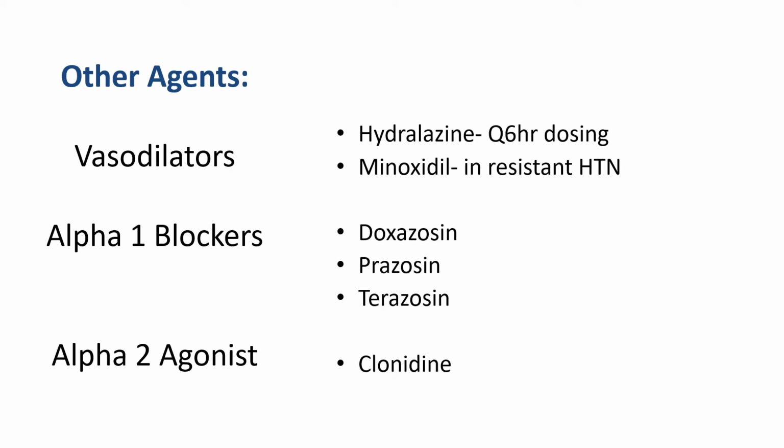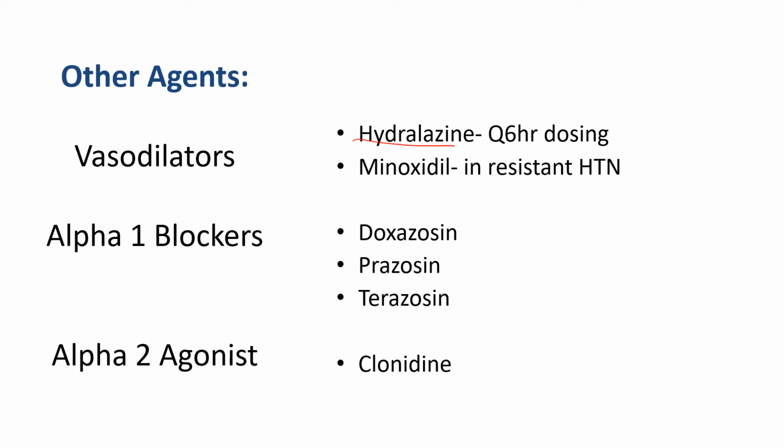They will dilate the blood vessels. Hydralazine is a good one that we use. I have a few patients on dialysis, and we have them on hydralazine. Minoxidil is a good one in the setting of resistant hypertension.